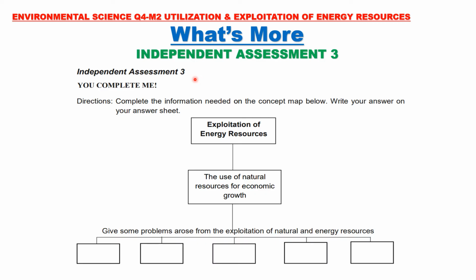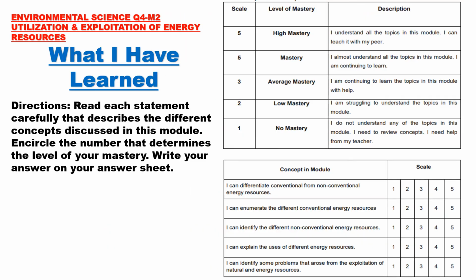Independent Assessment 3. Directions. Complete the information needed on the concept map below. So, exploitation of energy resources, the use of natural resources for economic growth. Give some problems that arose from the exploitation of natural and energy resources. What I have learned. Directions.